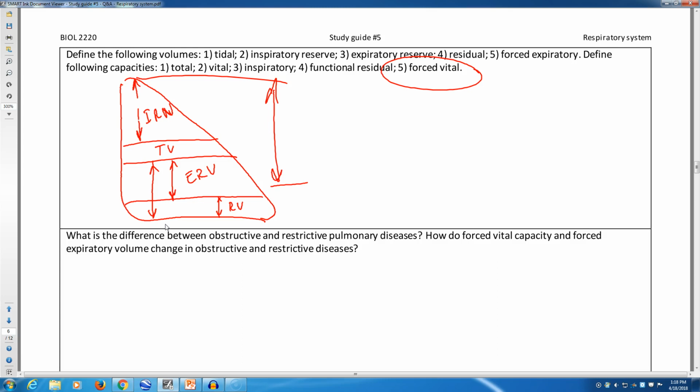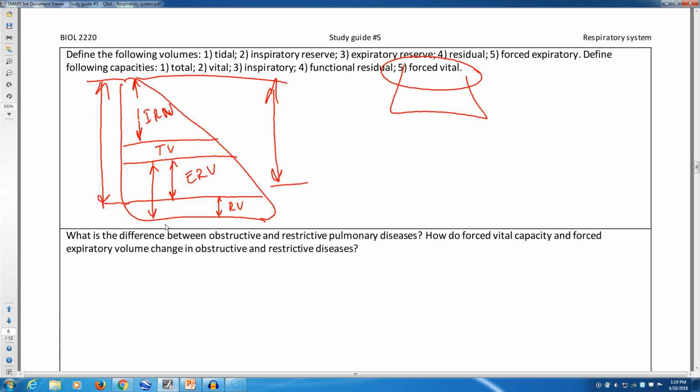You need me to forcefully expire. And the amount of air that I can expire from the peak of inspiration to the bottom of my lungs forcefully is called forced vital capacity. It essentially is the same as vital, but that's the term that is used in spirometer measures. That makes sense? So if I had a spirometer and I did this, what I exhaled is forced vital capacity.